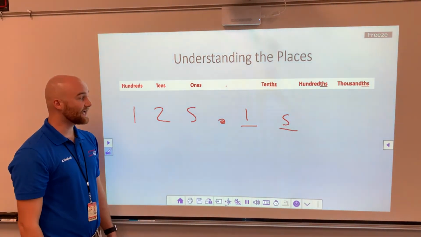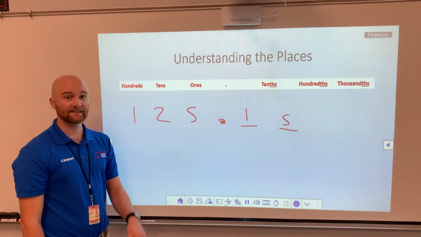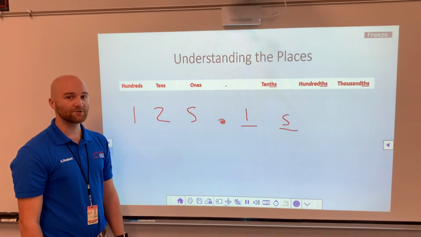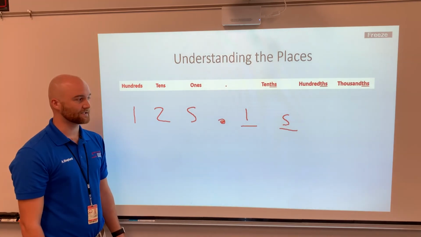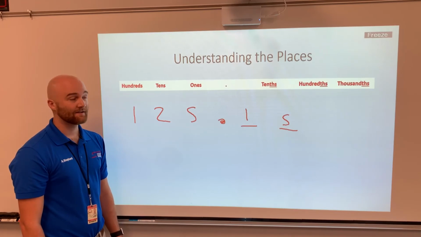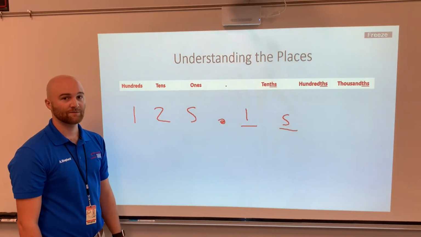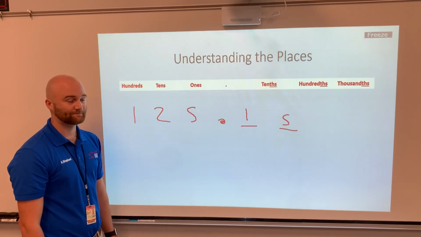If I had instead said 125 and 15 thousandths, how would you have changed it? What would be different if I instead said 125 and 15 thousandths instead of saying hundredths? Go ahead and write down how it would be different.